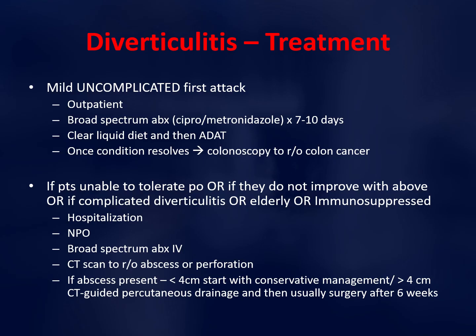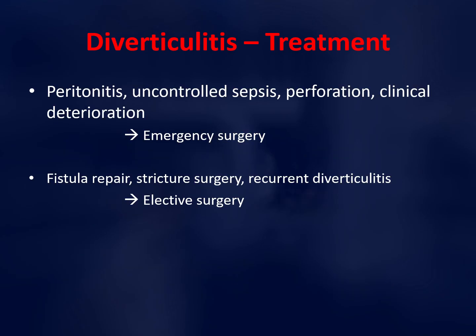And when we have a complicated diverticulitis, if the acute episode resolves with the antibiotics plus or minus drainage, usually we should do a surgery later on, shortly after doing a colonoscopy. And it is important to re-emphasize these 2 points.